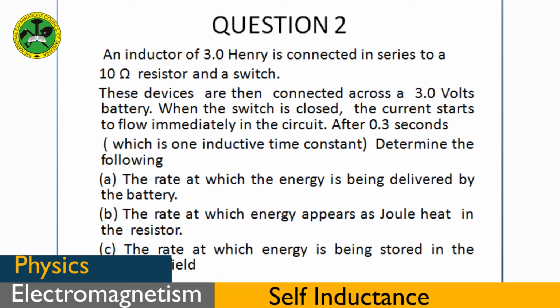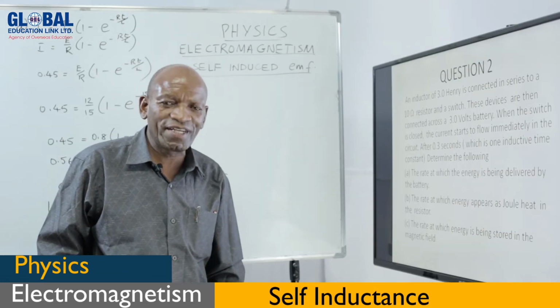After 0.3 seconds, which is one inductive time constant, determine the following. A, the rate at which energy is being delivered by the battery. B, the rate at which energy appears as joule heat in the resistor. And C, the rate at which energy is being stored in the magnetic field of the inductor.